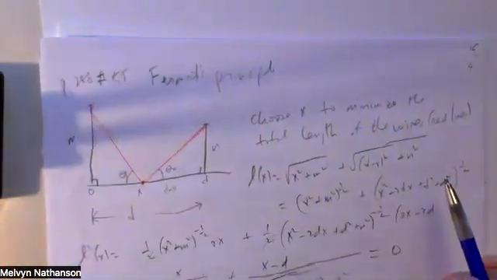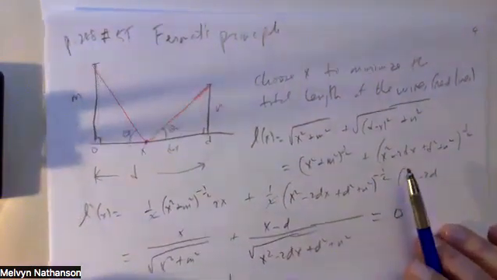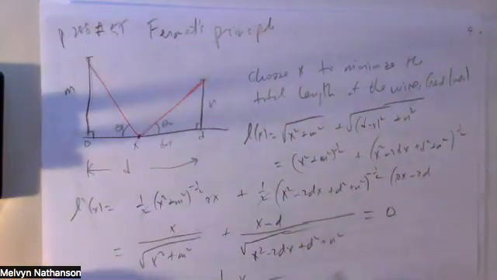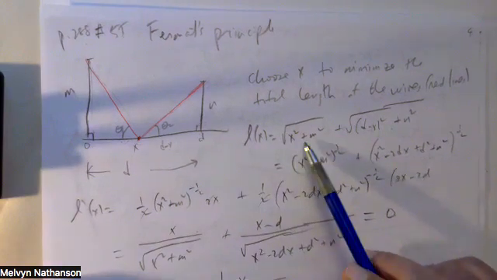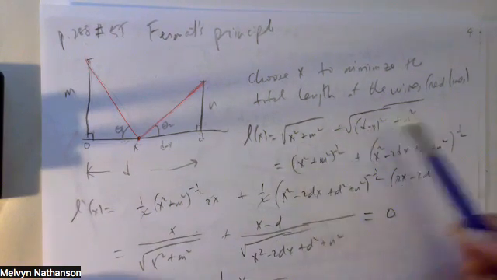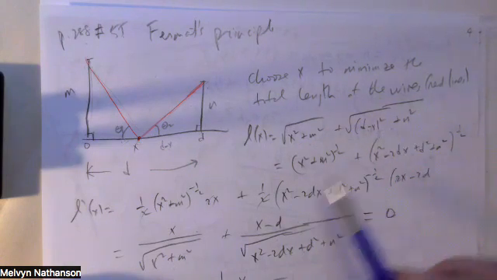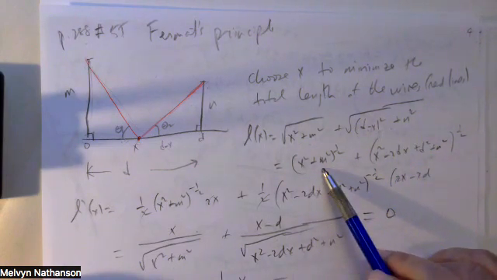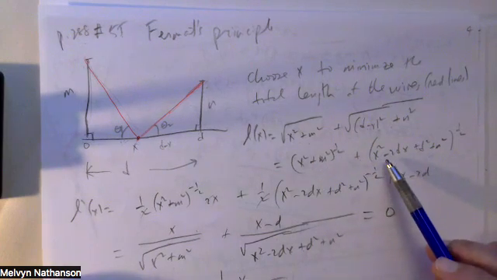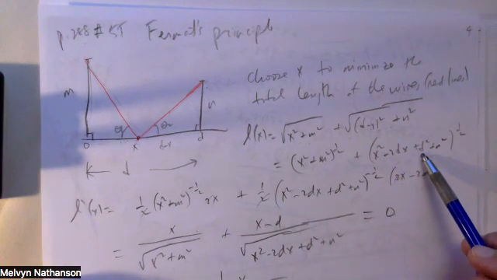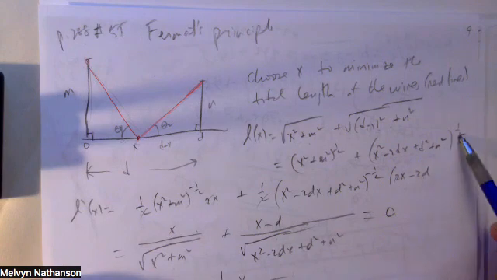It's easy in doing the algebra for calculus to make a mistake. So this is the square root of x squared plus m squared and the square root of d minus x squared plus n squared, which is x squared plus m squared to the 1/2, x squared minus 2dx plus d squared plus m squared to the 1/2.